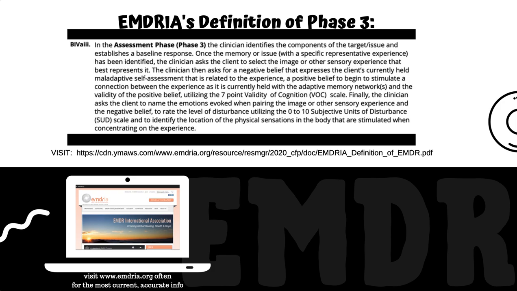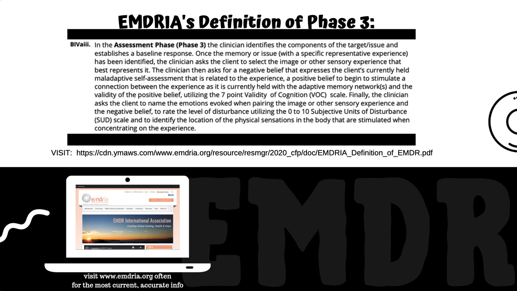That is a mouthful, right? It's very formalized. And I love how it's very clear. You can find the entirety of that EMDRIA definition of all 8 phases and a discussion of the adaptive information processing AIP model at that link right there that I posted, that I copy and pasted right below that.